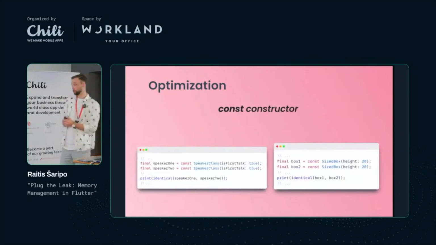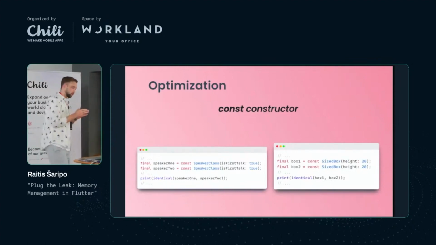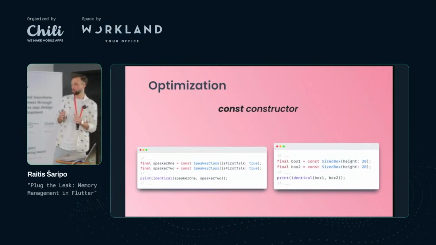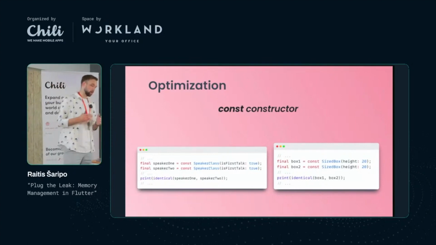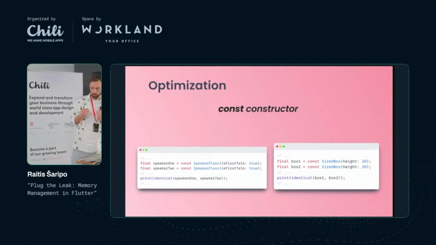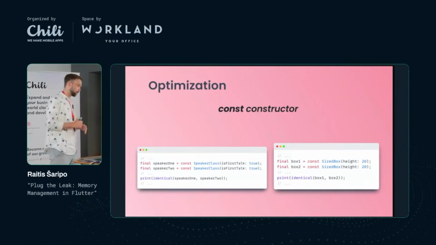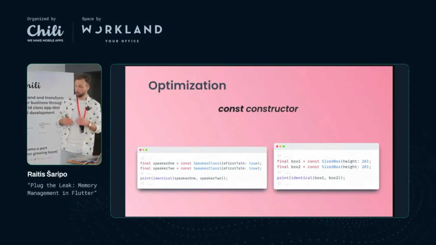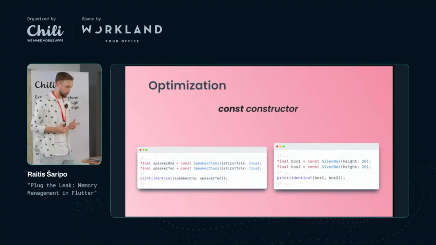Using const constructor. So use const constructor whenever possible. Why? Because, well, first of all, constants get allocated during compile time, which is a recommended optimization and also a performance gain.